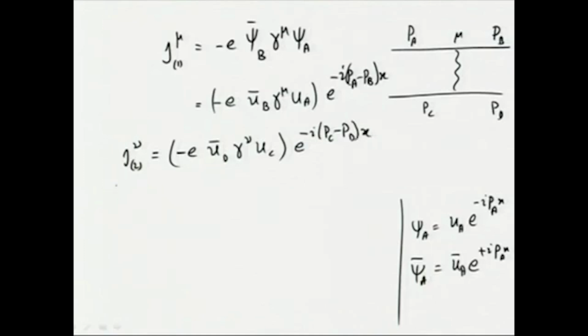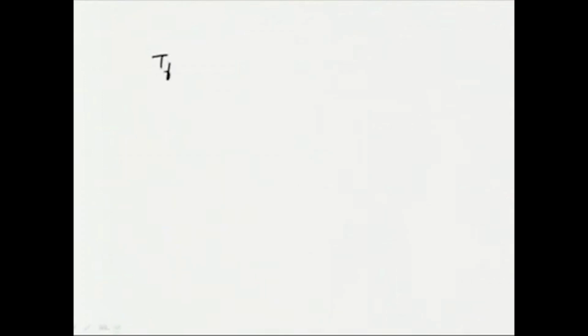Putting together, I have T f i equal to minus i integral of minus e u b bar gamma mu u a e power minus i (p a minus p b) x.